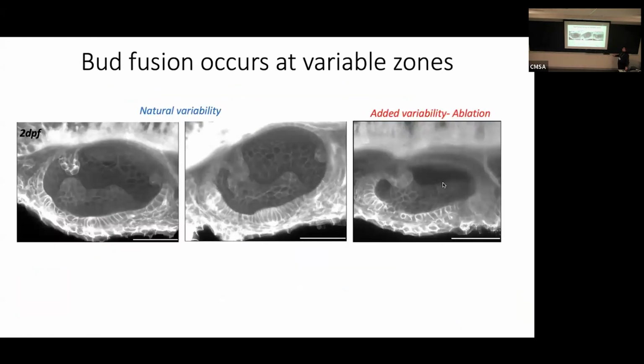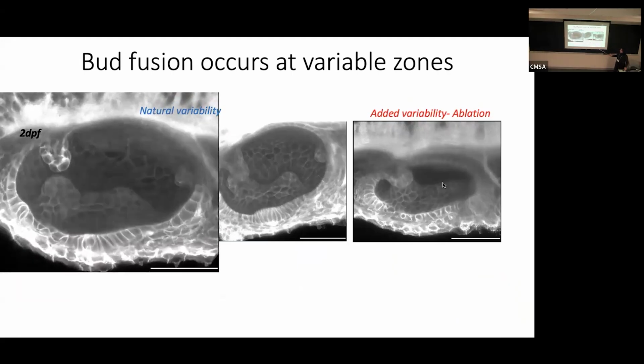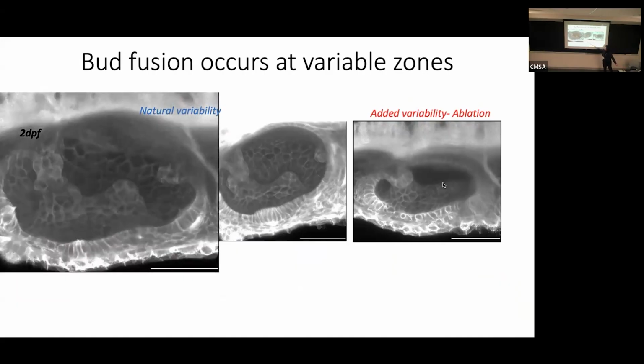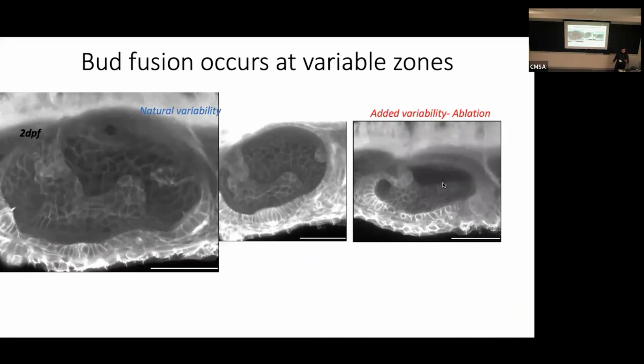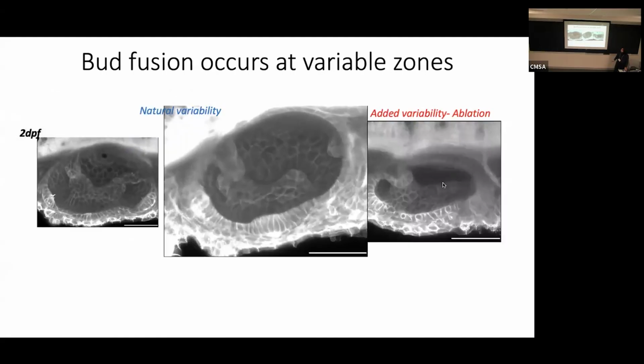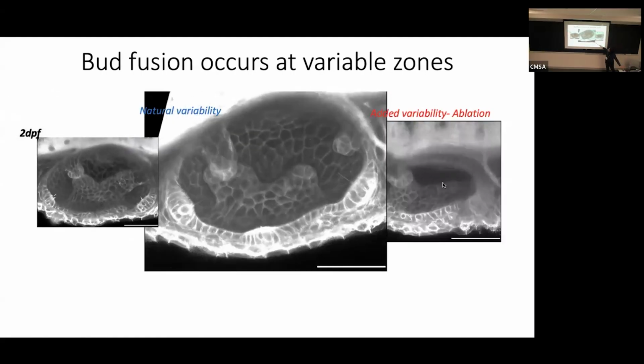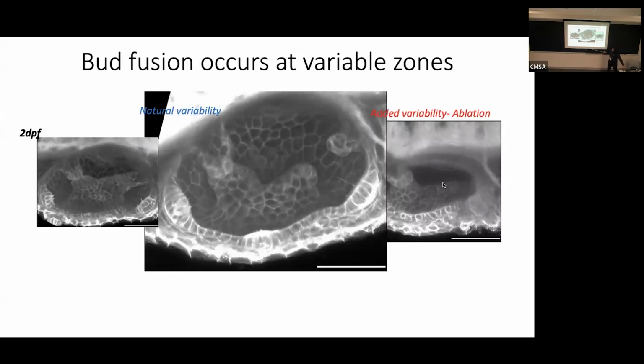One thing I want to point out: there's lots of variability in the system, and we heard amazing things about variability from Adrian this morning. I'll quickly point out one kind of variability here. The zones at which buds fuse to one another vary significantly. They can meet tip to tip. This bud overgrew a little bit, so it's going to meet its partner bud side to side.